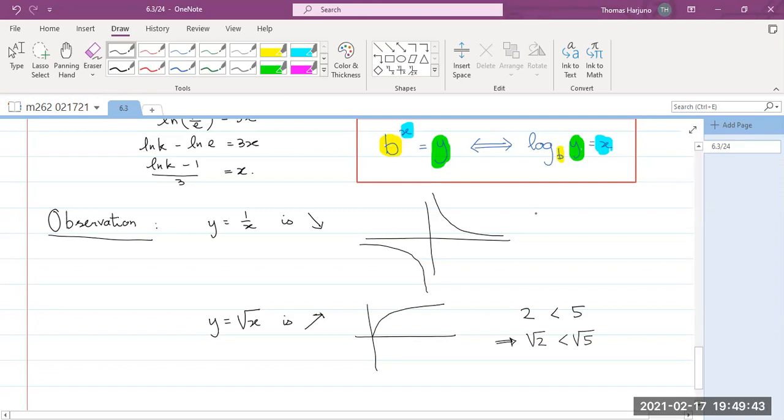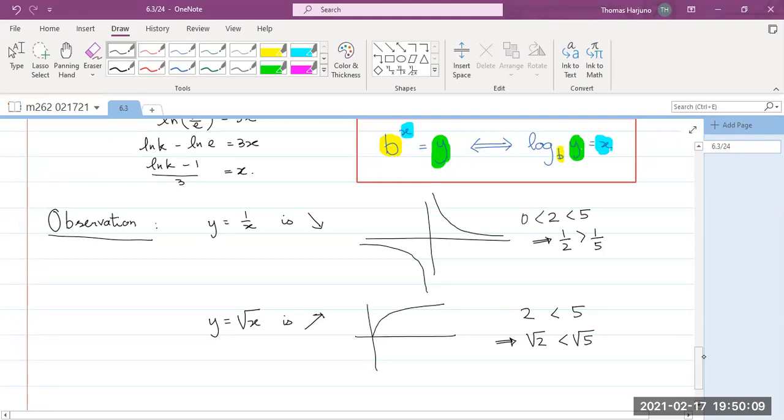Now 1 over x is decreasing, so we know 2 is less than 5, but the reciprocals, 1 over 2 and 1 over 5, will flip the inequality sign. Does it make sense? Okay, it has to be greater than 0 too. Yeah, that does make sense.